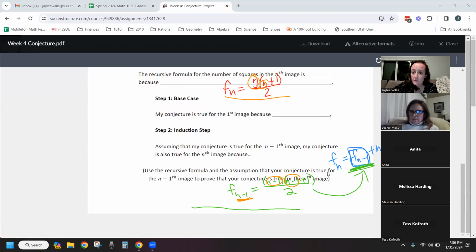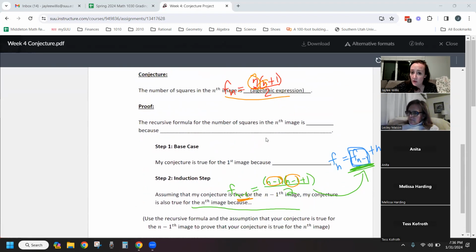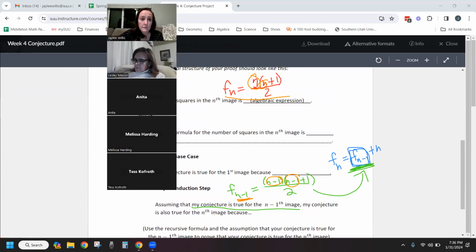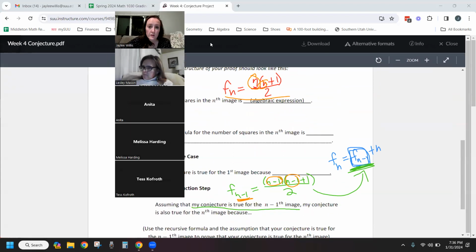So that's most of the hard work. The rest of it is just rearranging it to make it look like the conjecture you want to prove. So I'll do this in purple. When we plug that green stuff into the blue one, we get that f of n equals n minus 1 times... can this stuff be simplified to make it a little easier to work with?